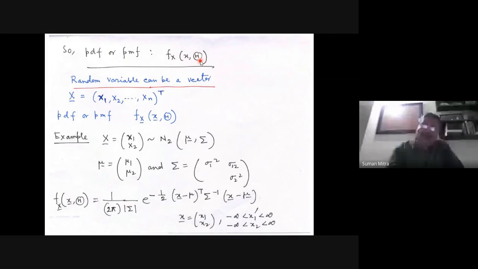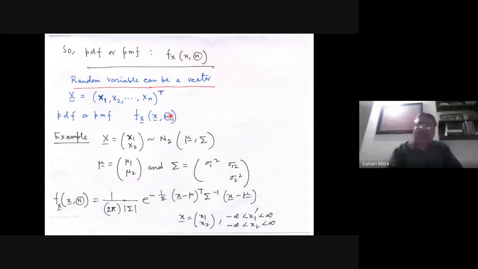Right. So another example that we take is random variable can be a vector. We all know that multivariate Gaussian. So x is having (x1, x2, ..., xn) transpose. So that means PDF or PMF of this random variable x vector is f_X(x vector; theta).